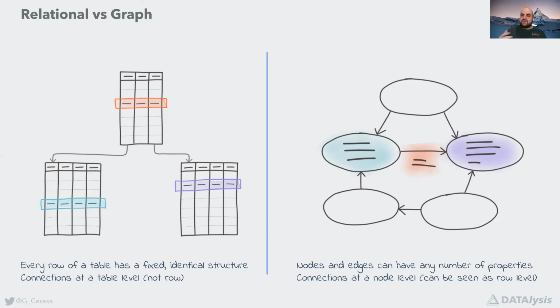And when you have, for example, a mapping table, like the one on the top left side, it just maps one row from the left table to one row of the right table. This one can become an edge, because the edge can have properties as well. The edge connects two nodes, so it's the right place to say, this is the mapping relationship between these two nodes. So this is a way that you can imagine how to translate a relational database to a property graph.